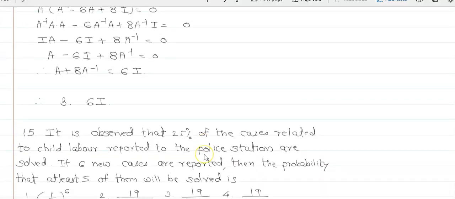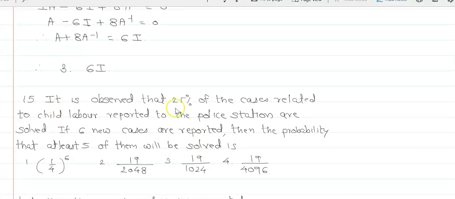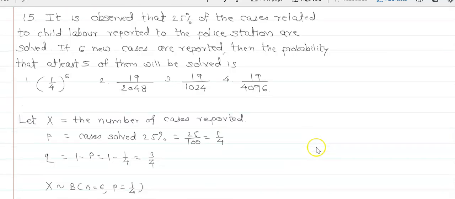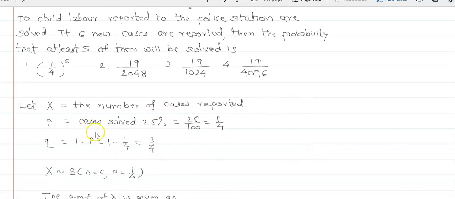You can see here. It is observed that 25% of the cases related to child labor reported to the police stations are solved. If 6 new cases are reported, then the probability that at least 5 of them will be solved is: X is the number of cases reported, p, the cases solved, that is 25%, is 1 by 4, and q is equal to 1 minus p, that is 3 by 4.